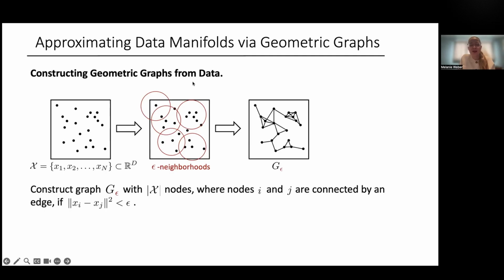If we have our point cloud, we can assign each point a node in our geometric graph, and then we draw an edge to all nodes that are within an epsilon distance, right? So we construct epsilon balls around each point and then draw the corresponding edges. And then as we vary epsilon, we get a family of geometric graphs that sort of capture geometric information at different scales.